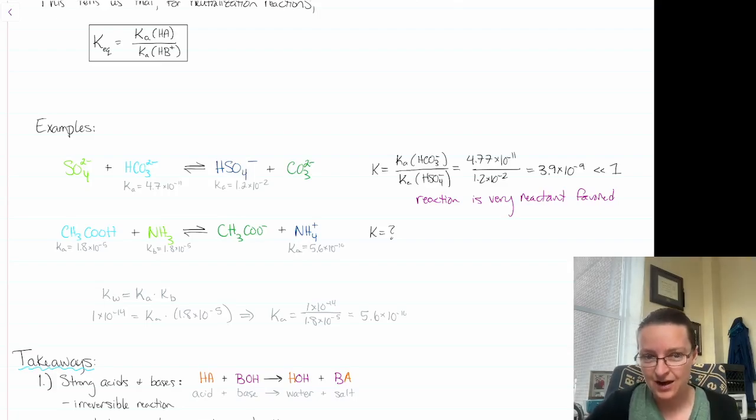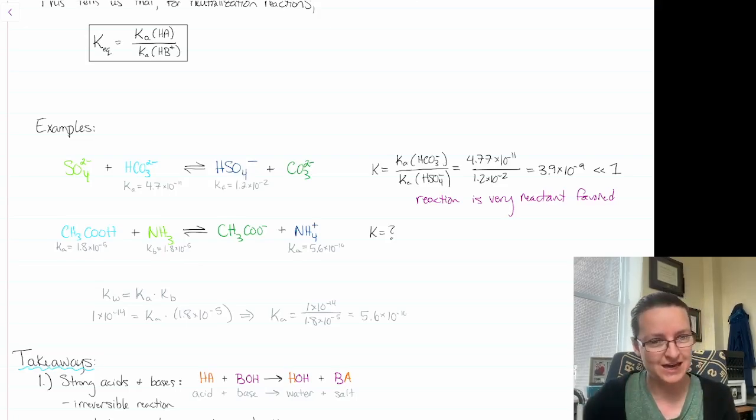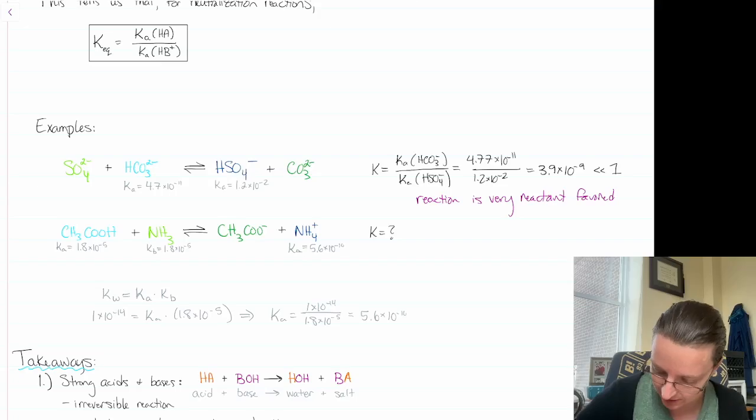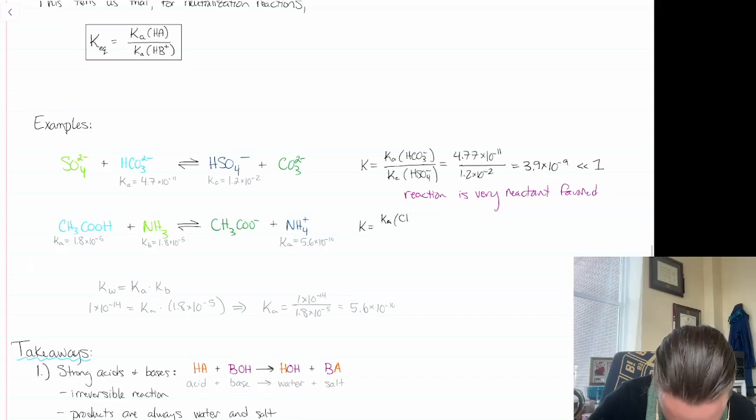Now that we've done that little cute trick so that we can translate between Ka and Kb values, we can calculate our overall equilibrium constant for this neutralization reaction. Just like before, we're going to be plugging in Ka for the acid that shows up on the reactant side, which is acetic acid.